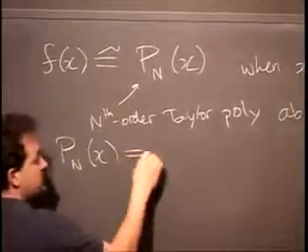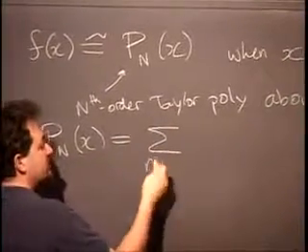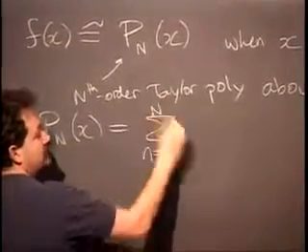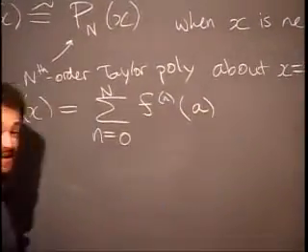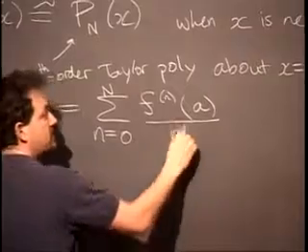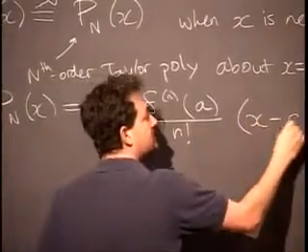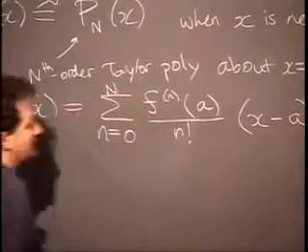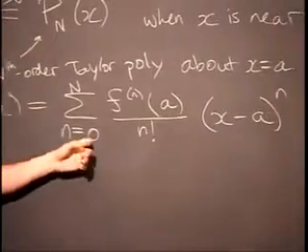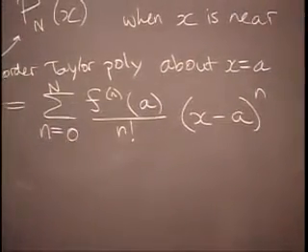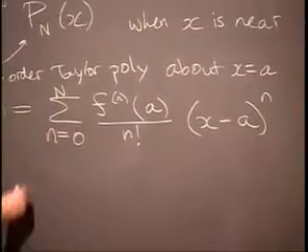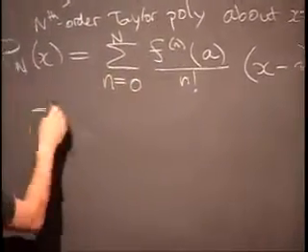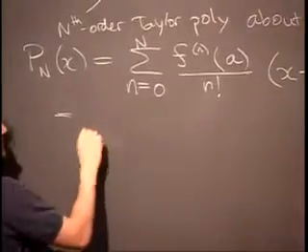But the definition of Pn in sigma notation is the nth derivative of f evaluated at a, divided by the quantity n factorial, and then times x minus a to the n. And you sum that over all the values of little n from 0 to big N. It's very useful to know that in sigma notation, and it's also very useful to be able to write this out.